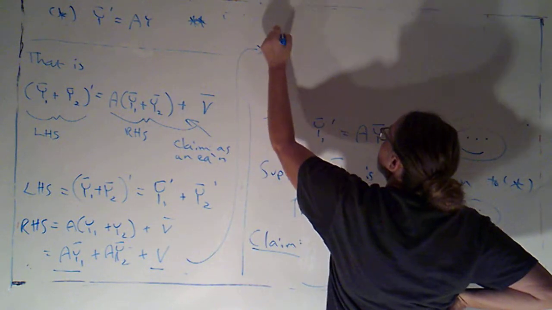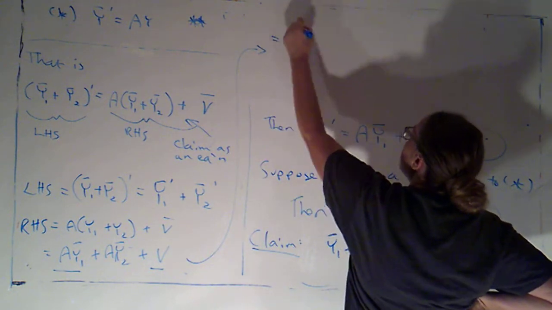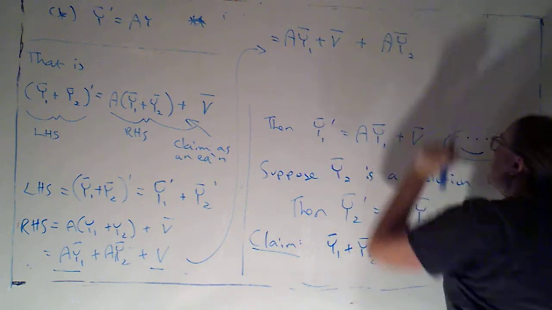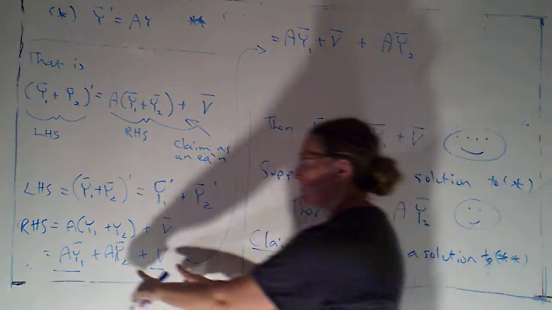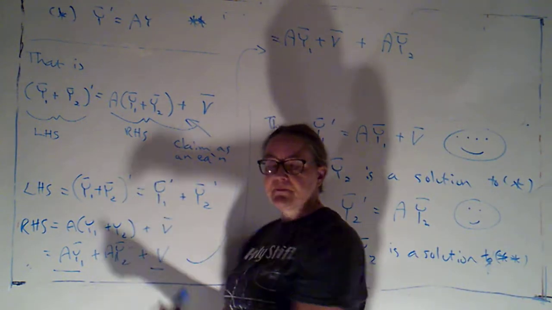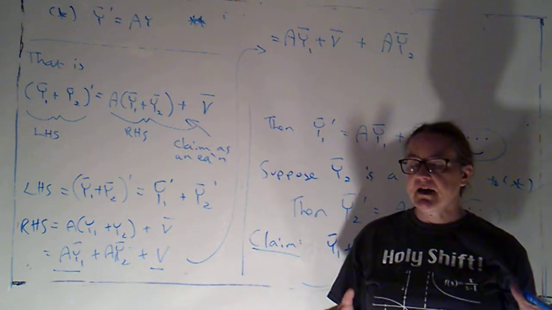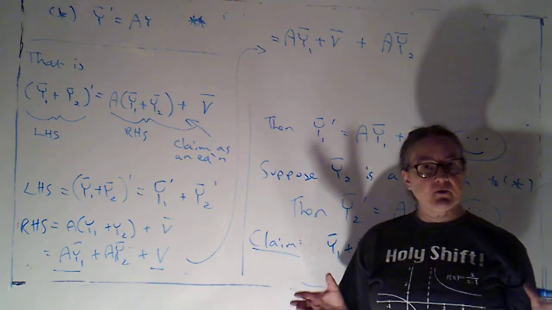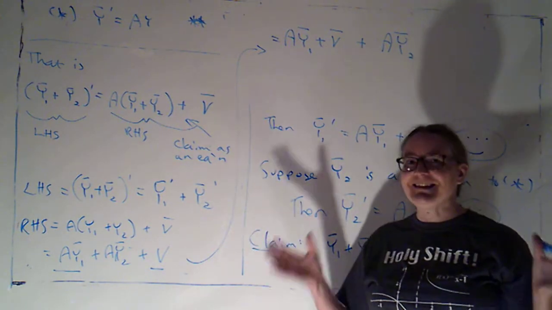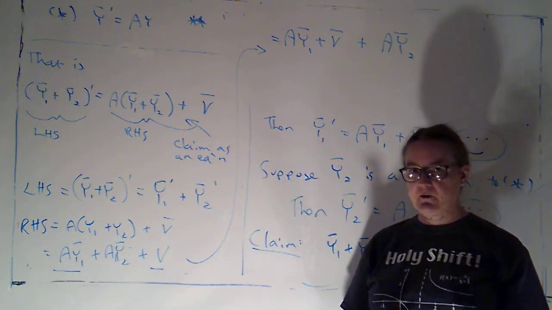So that's equal to ay1 plus v plus ay2. That's me just using the commutative law of vector addition, that the order doesn't matter. Again, in your proofs, if you want to explicitly write out the reasons, you're certainly welcome to do that. In the interest of space in these videos, I'm simply saying the reasons.